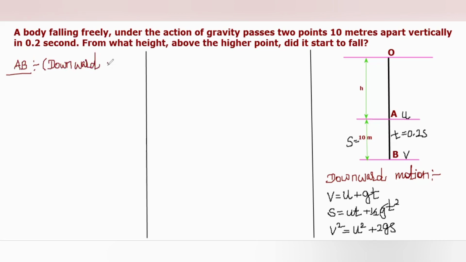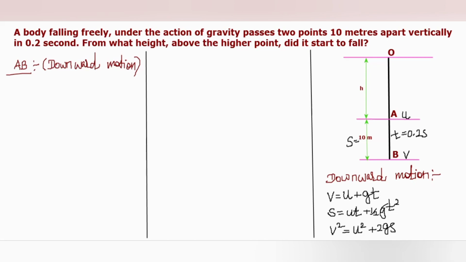The required formulas are already noted at the side. Here I'm going to find the value of U, at what velocity it crosses the point A. We know the value of S, 10 meters. We know the value of time, 0.2 seconds, the time taken by the body to cross AB. And we know the acceleration due to gravity, G, also.